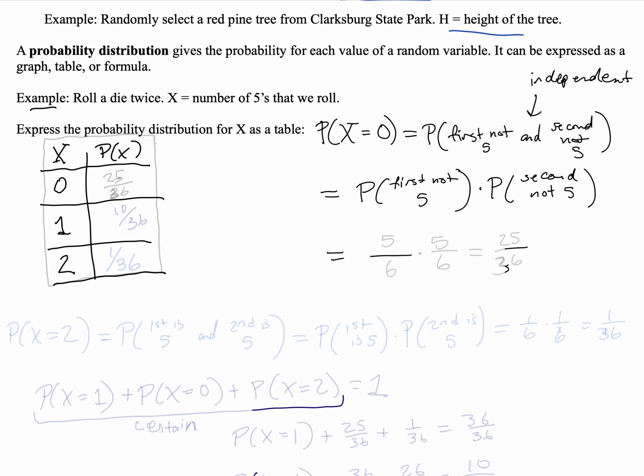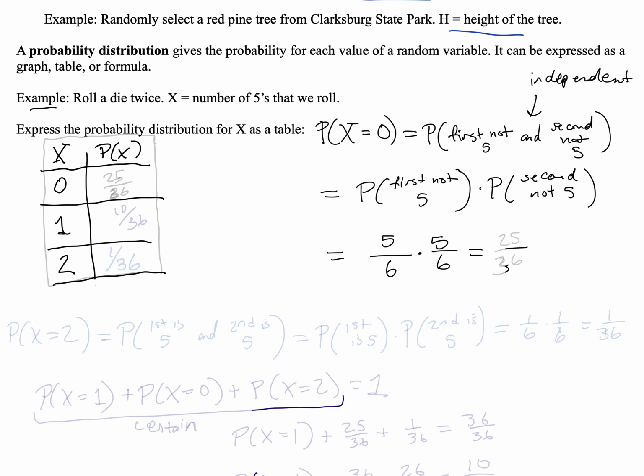Well, there are 6 sides of the die, so out of 6, and then all of the sides aside from 5 are not 5. So 5 of the 6 sides are not 5s. And for the second die, 5 of the 6 sides are also not 5s.